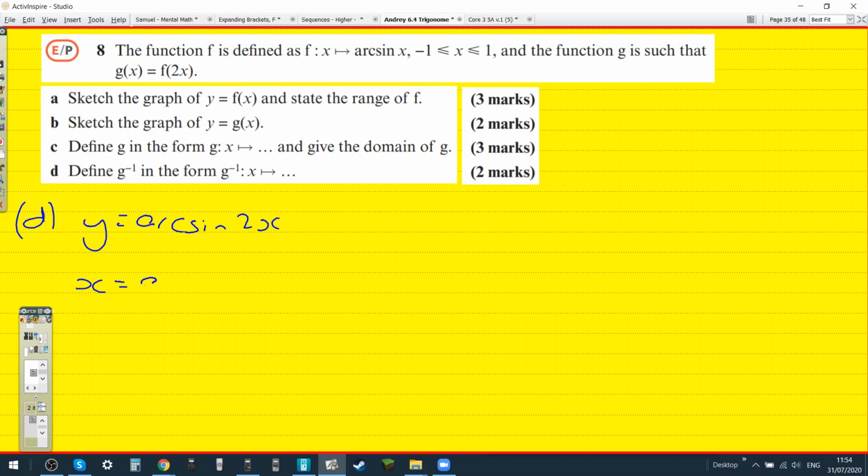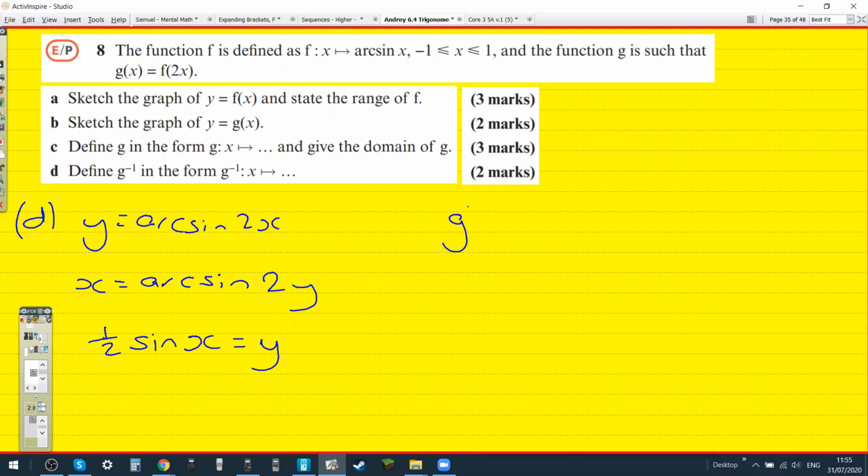Yeah. And so that would be equal to sine x over 2. Yeah, and I'll just write it as a half sine x. And so the inverse of g of x is a half sine x.